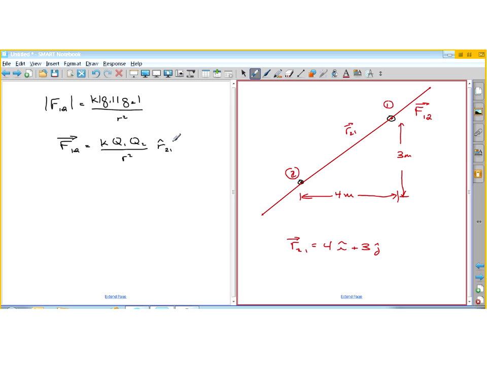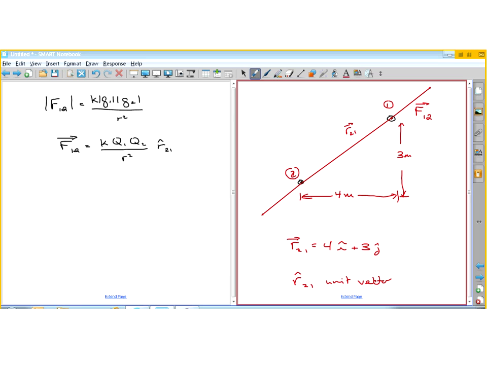Now what we have here is R hat 2,1. This is the unit vector. The unit vector has the same direction as the vector, but it has a magnitude of 1, whereas this would have a magnitude of 5, because 4 squared is 16, 3 squared is 9, 16 plus 9 is 25.